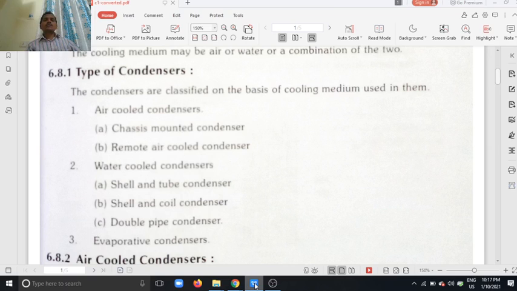In a water cooled condenser, water is used as the cooling media. Evaporative means both air and water are used as a cooling media to absorb the heat from the refrigerant. So that is the evaporative condenser.